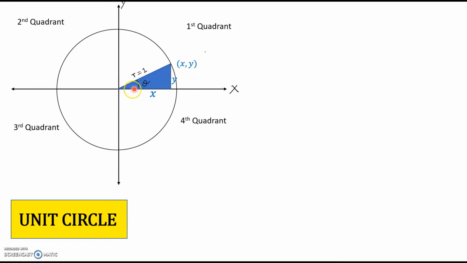Now if we take this right angle triangle and define sine theta, then sine theta will be equal to the opposite side divided by the hypotenuse, which is y divided by r. Similarly, cos theta would be the adjacent side by the hypotenuse, so cos theta equals x by r.